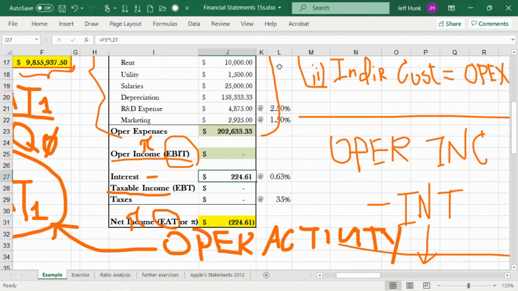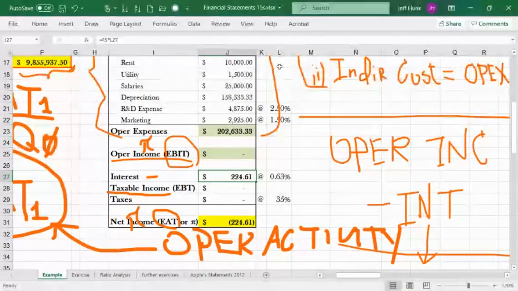So what do they do? There are only two sources of capital, either equity or debt. Equity is from investors. Equity is ownership, right? Two different sources of capital, equity and debt.